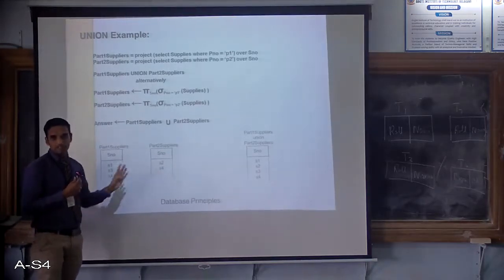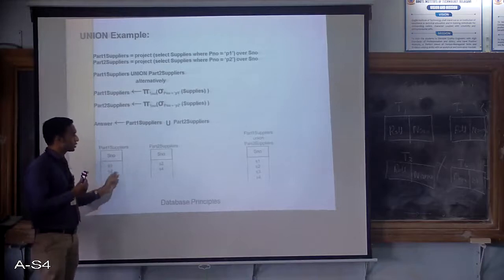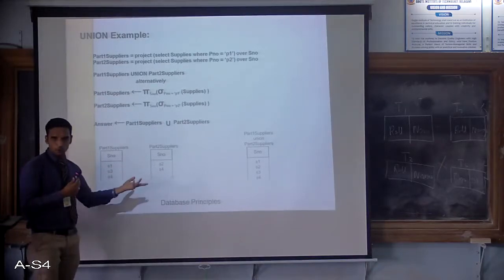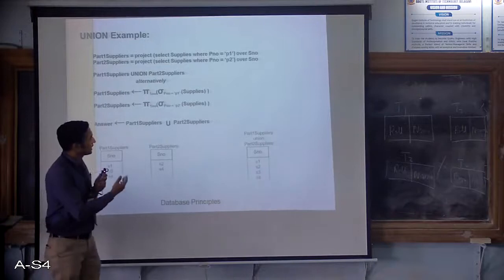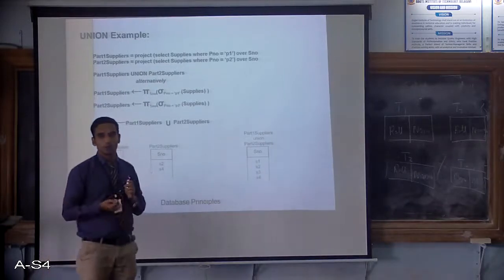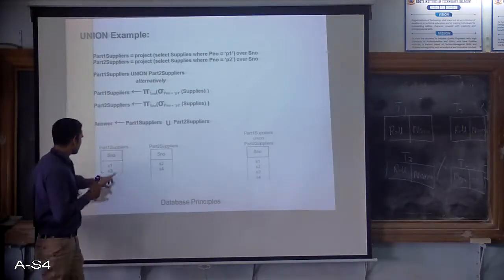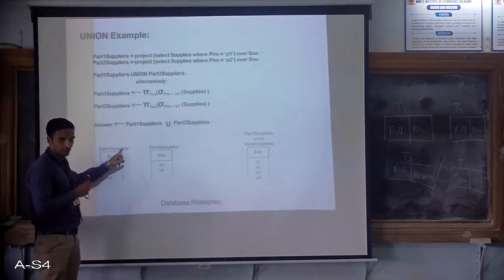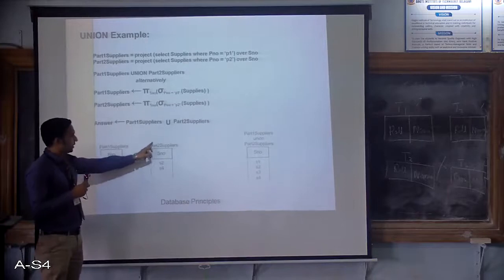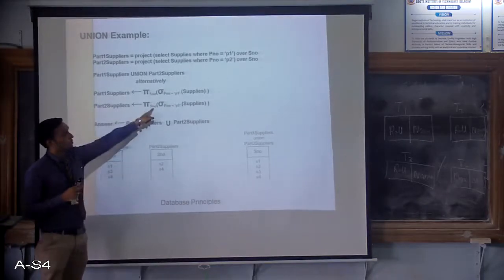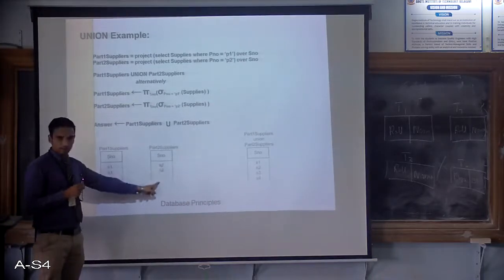But there may be a scenario where there are some suppliers who supply both. True? When you come across conditions like this, you can always go with union. First fetch out the details of who supplies part 1 separately, and fetch out the details of who supplies part 2 separately.